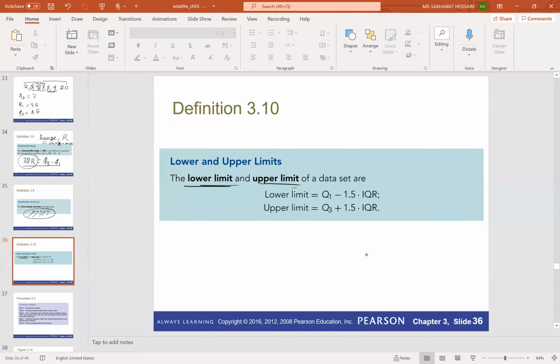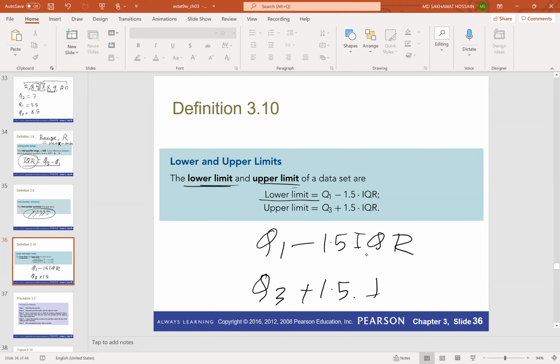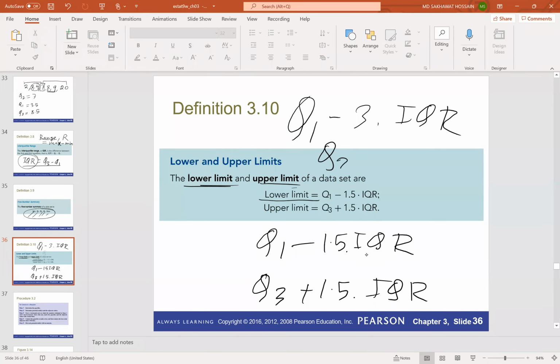So the lower limit is Q1 minus 1.5 times IQR. And the upper limit is Q3 plus 1.5 times IQR. And sometimes we also calculate Q1 minus 3 times IQR, and Q3 plus 3 times IQR.